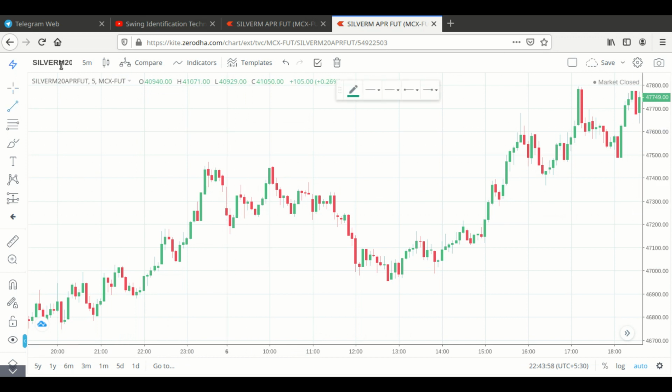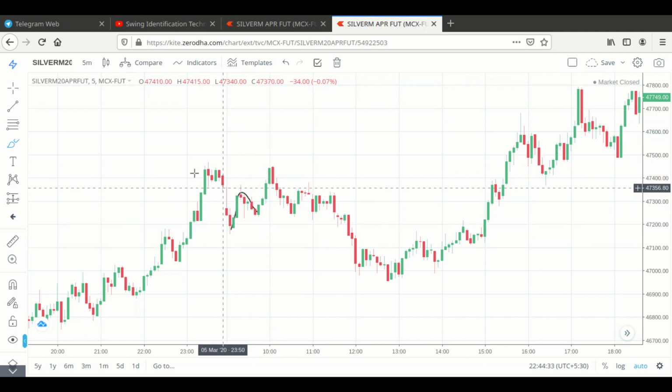This is a silver future 5 minute time frame, and so this is the 6th March, right? So the first low I'm observing over here, the second low I'm observing over here, the high I'm observing over here. So it has made a swing, higher low, higher high, right?